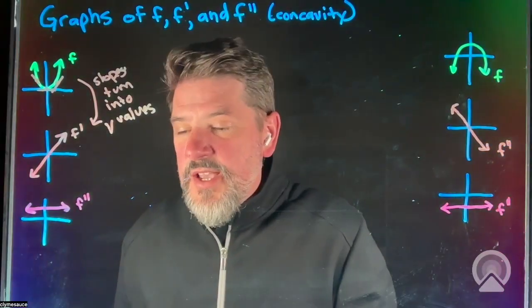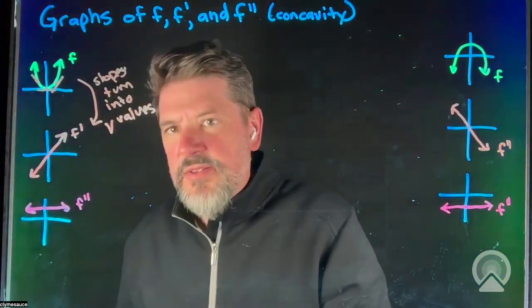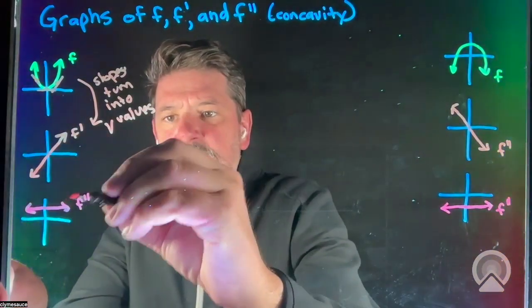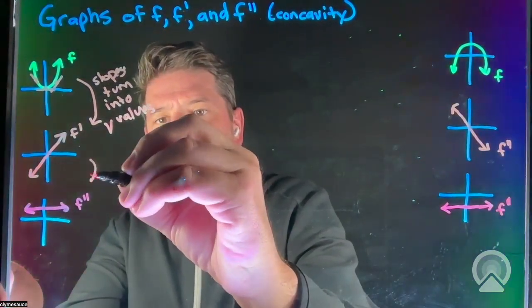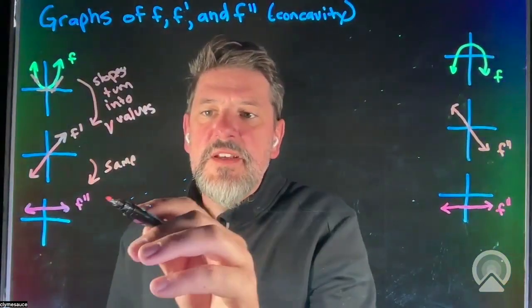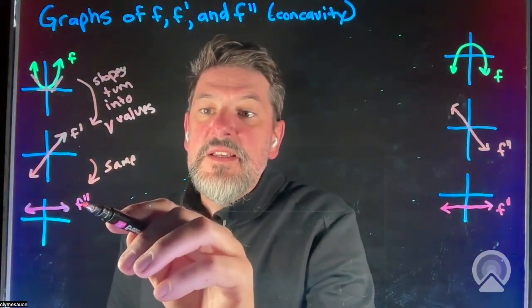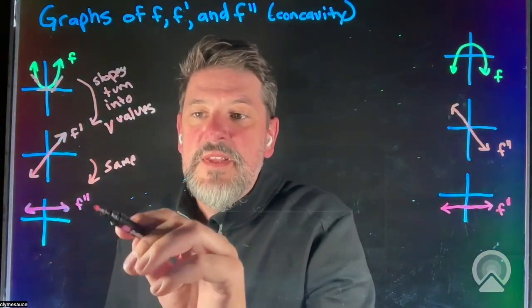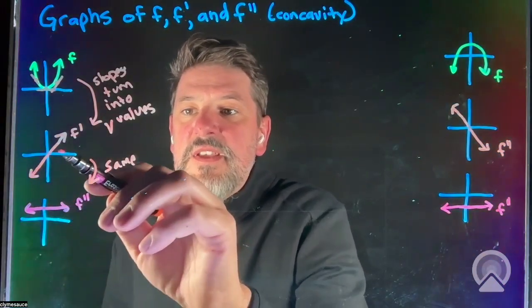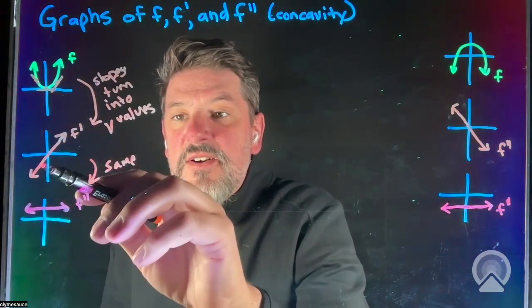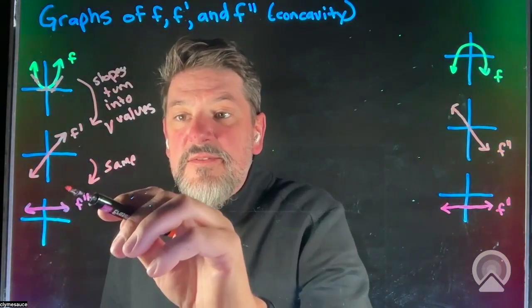So in the same way, we can do the same thing with this graph down here. And we can say these slopes become these y values. So the same thing happens here. And the reason why the same thing happens here is because f prime prime is the derivative of f prime. So therefore, all the y values here represent all the slopes here. And so the slopes of the tangent line here are all the same, and they're positive.